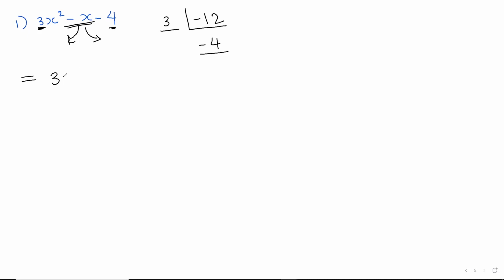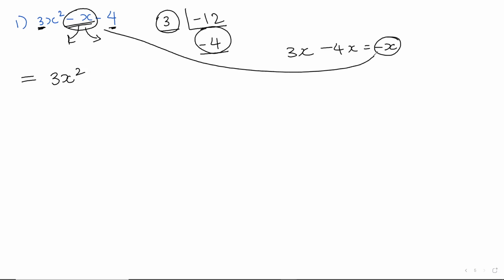Okay, so we're going to write this as 3x squared, and this we split, as Hamna said, as 3x minus 4x, right? Why? Because 3x minus 4x will give you minus x, which is exactly what we want.